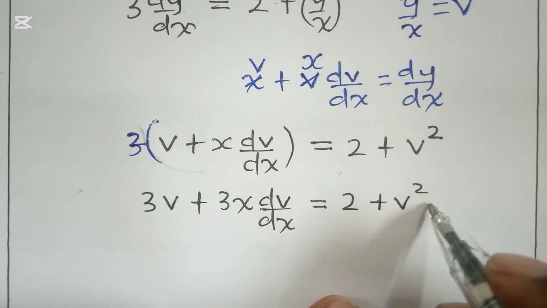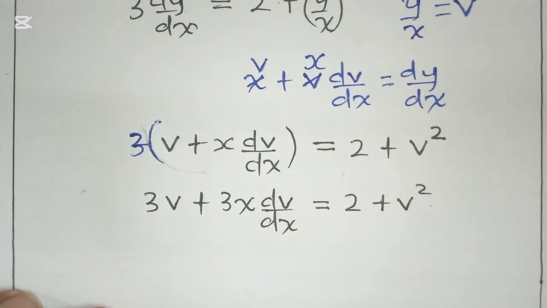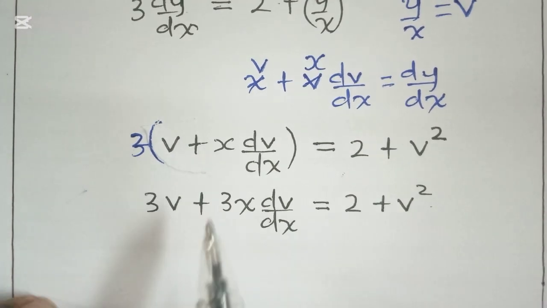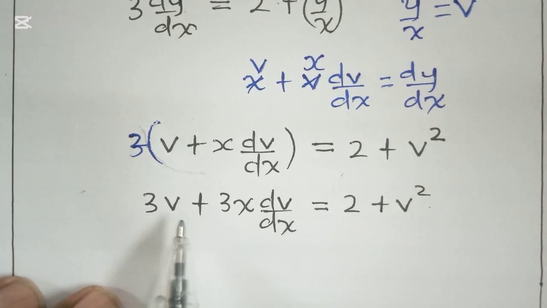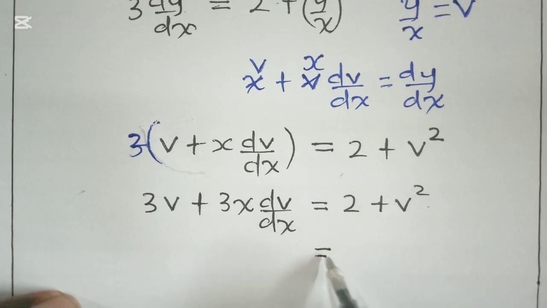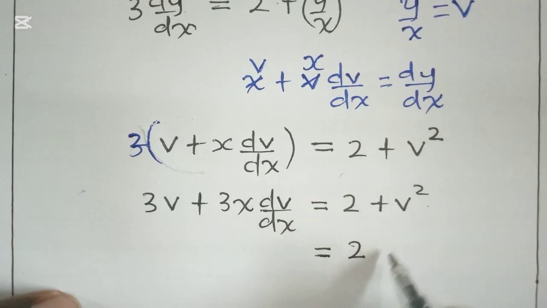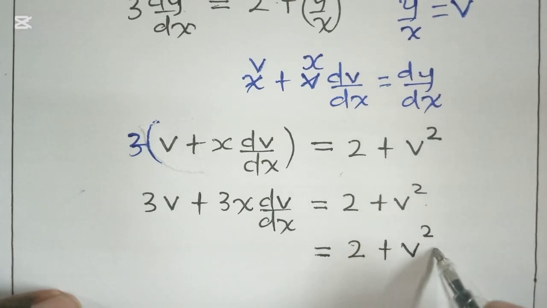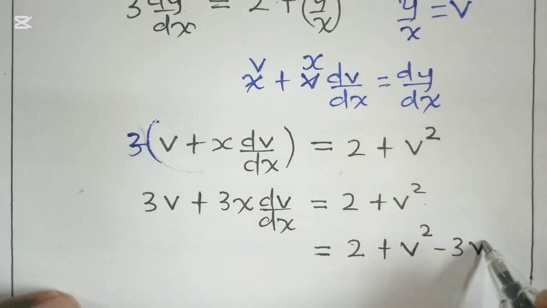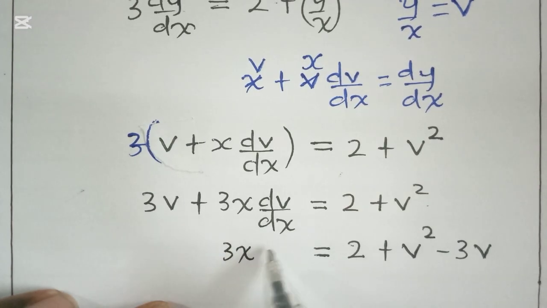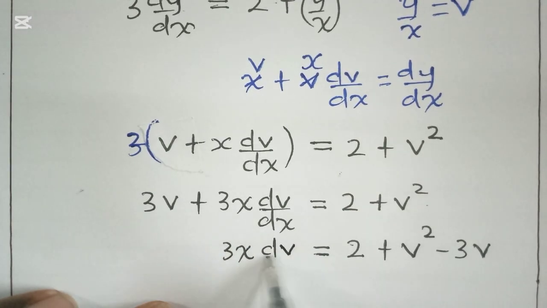Now we can move 3v to the other side, so that we shall have 2 plus v squared minus 3v. On this other side we shall have 3x dv all over dx.